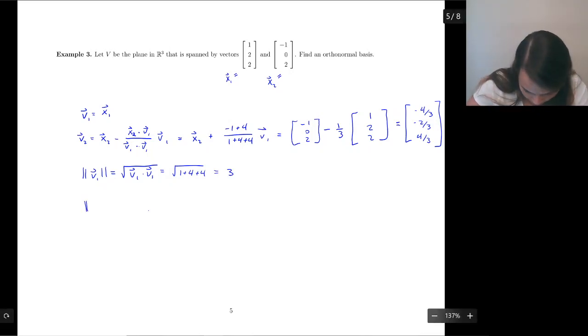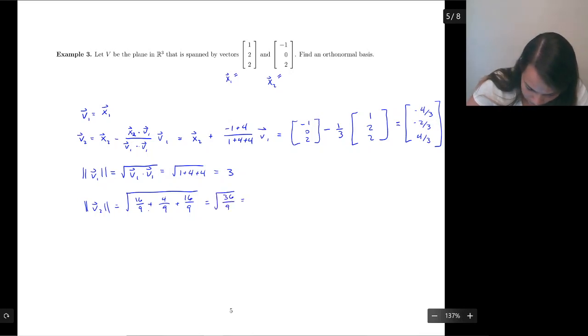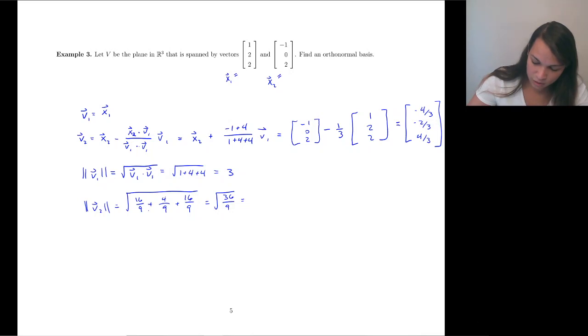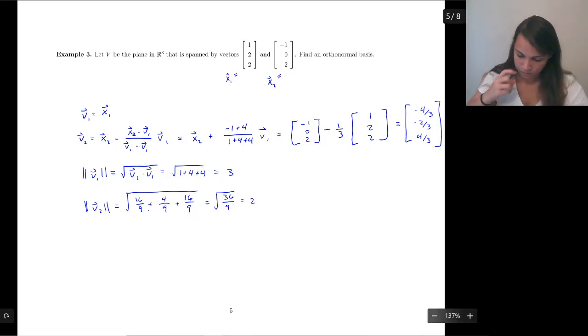And then for V2, we've got the square root of 16 over 9 plus 4 over 9 plus 16 over 9. So that'll be 36 over 9, which is the square root of 4, so 2.